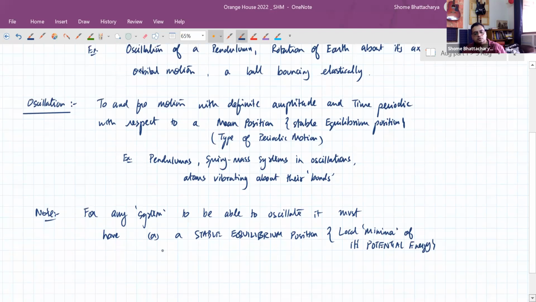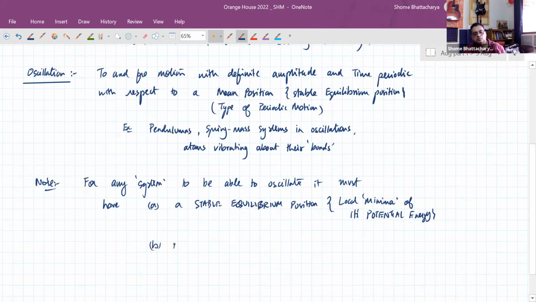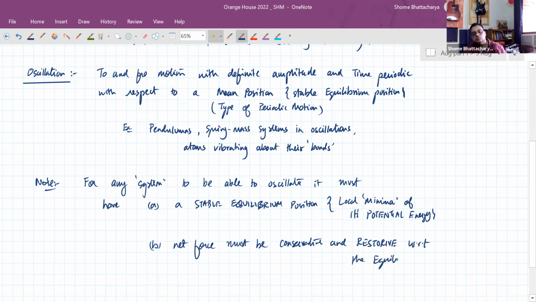And the net force must be conservative and restorative with respect to the equilibrium position.